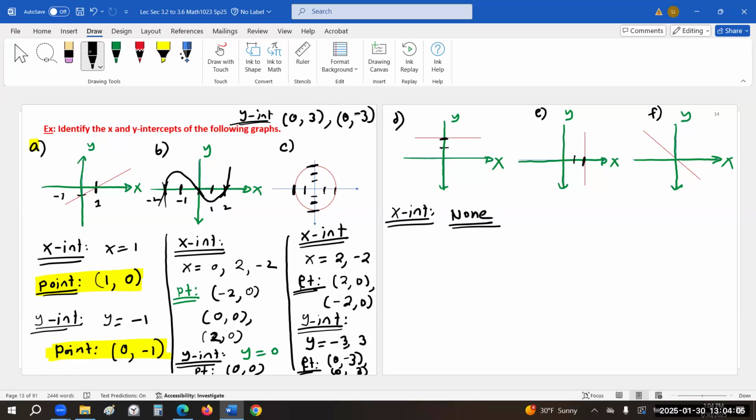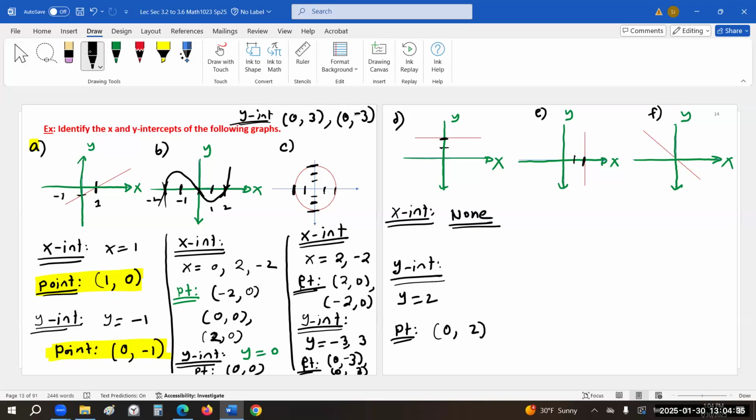It's not 0, it's none. None means no x-intercept, but 0 means it does exist at 0. How about the y-intercept? Y equals 2, but we want the point. X should be 0 and y is 2.